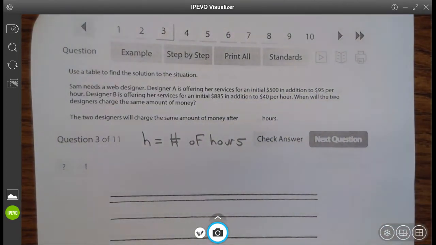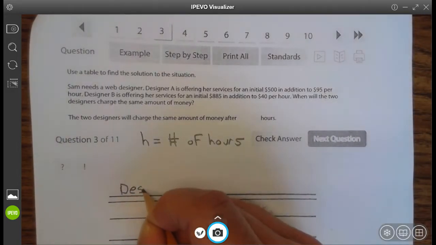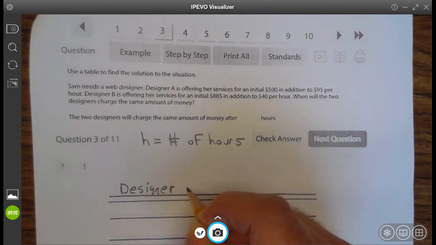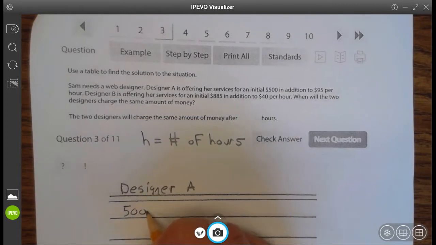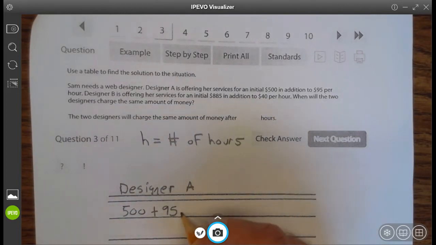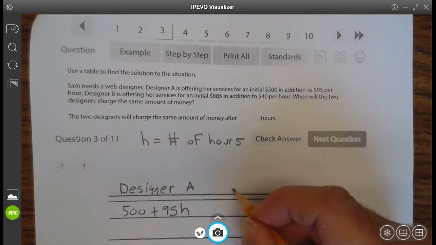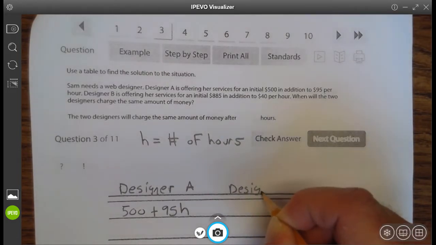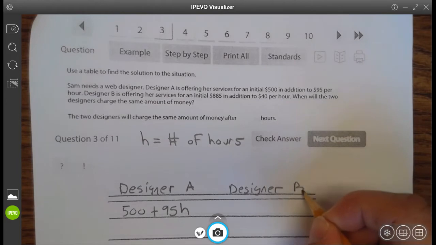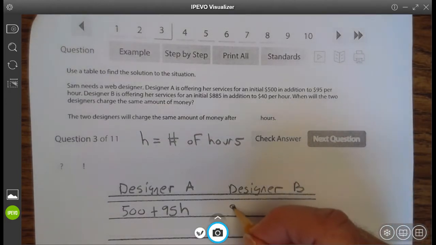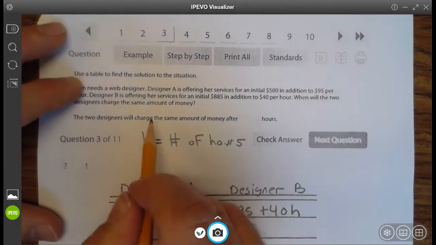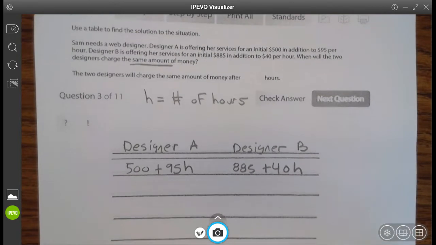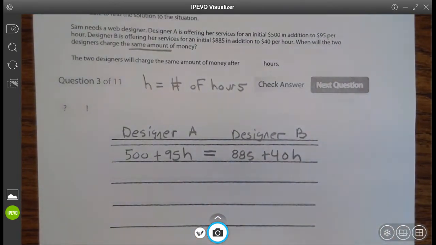Now, we have designer A is offering her services for $500 plus $95 per hour. Now, designer B is offering a service for initial $885 plus $40 per hour. Again, we want to find when it's the same amount. So we set the two expressions equal to each other, and now we solve.